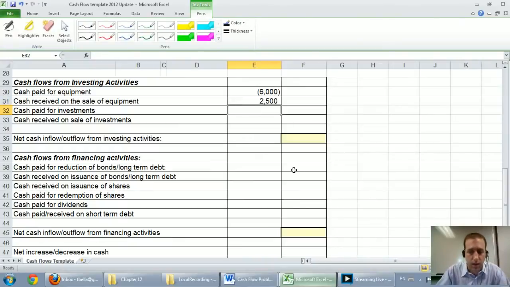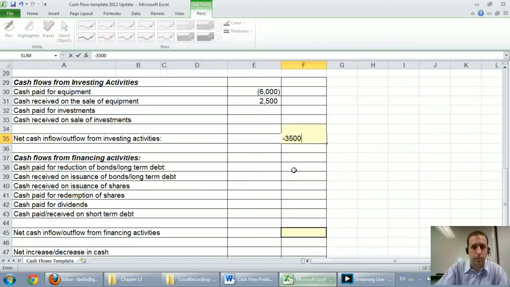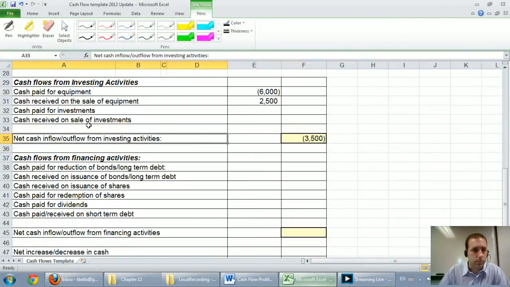We didn't have any investments in our company, so at this point we're done, and this is going to be a negative $3,500. This represents an outflow of cash. Cash went down as a result of our investing activities.